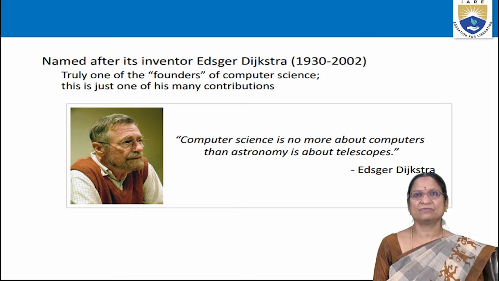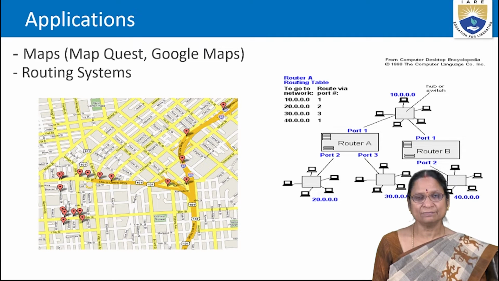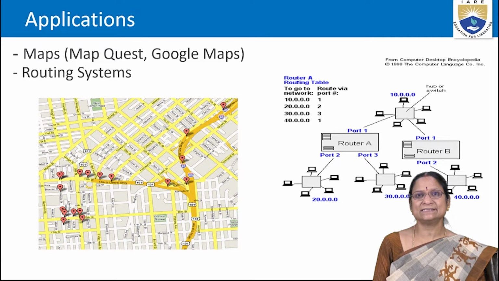Many other things were proposed and proved by Dijkstra. So this Dijkstra's algorithm is an algorithm to find the shortest distance from the source to each and every vertex as a destination.